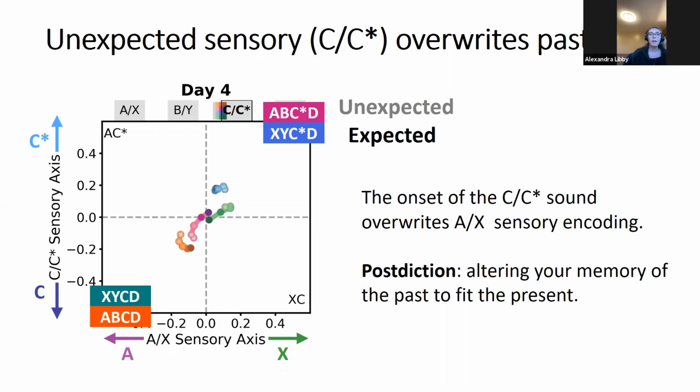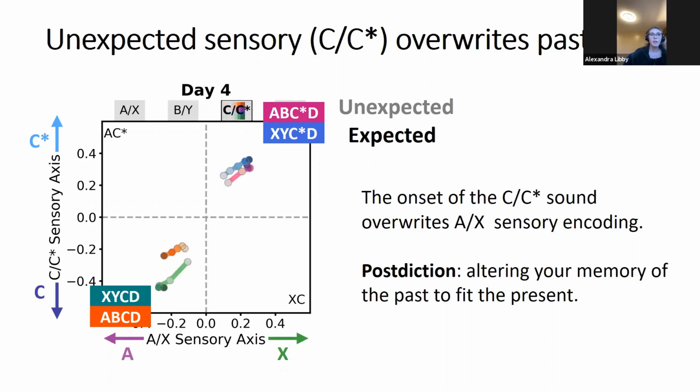So yeah, I think what you're getting at is the fact that right before C/C prime comes on, the encoding of AX isn't that strong along the AX sensory axis. So later on in the presentation, I'm going to show the extent to which the encoding is correct along that axis.